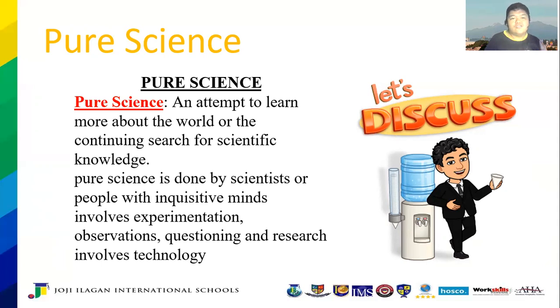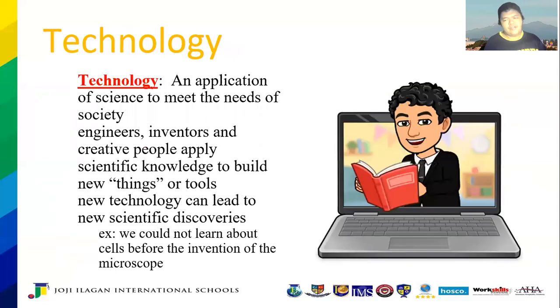And what is now technology? We already discussed technology, but this is where we dig deeper. This is an applied science, an application of science that meets the needs of society, engineers, inventors, and creative people. Applied new scientific knowledge to build new things or tools. This new technology can lead to different scientific discoveries.